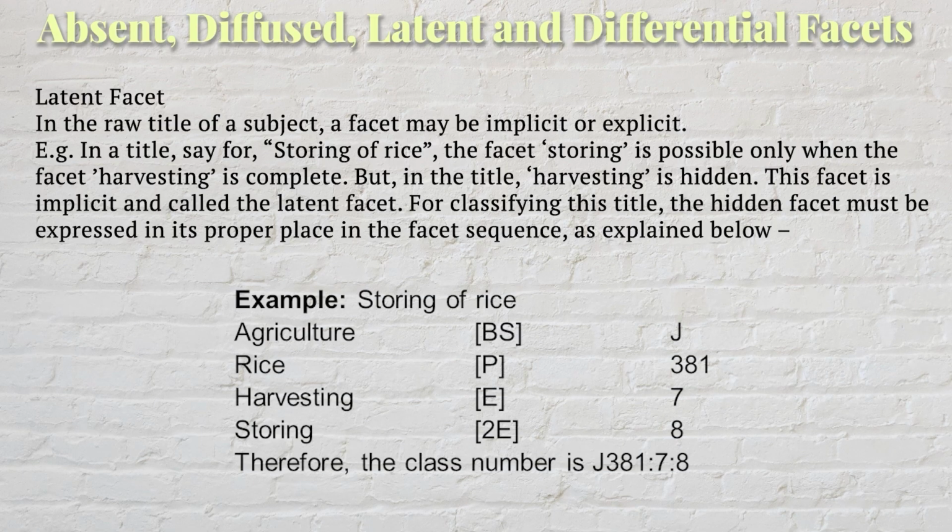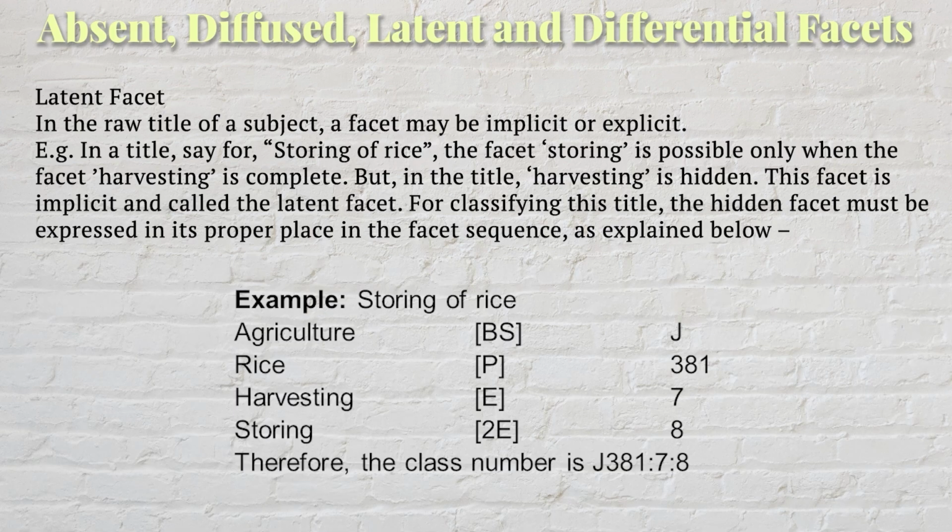Here the basic subject is agriculture, J, and rice is the personality facet indicated by 381, and we do not get harvesting in the title storing of rice, but we must have the facet harvesting in analyzing the title, because without harvesting we cannot store rice.